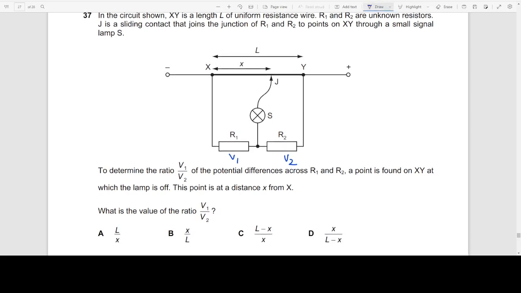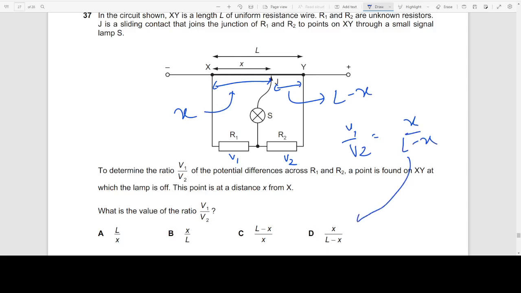Well, V1 upon V2 is just going to be this distance upon this distance. So this distance is going to be L minus X and this is X. So V1 upon V2 is going to be the same ratio as X upon L minus X. Again a simple question, but it requires you to understand the logic that the voltage is directly proportional to the length.